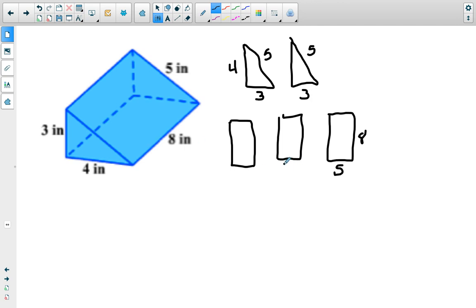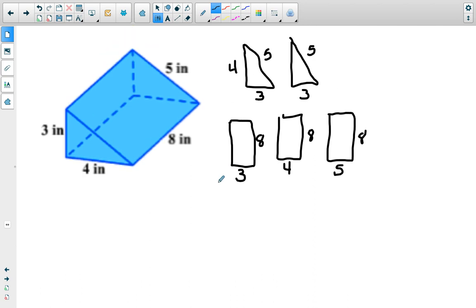So it is 4 inches by 8 inches. Then my back, this one is 3 inches, again by 8 inches. 3 by 8. And I have a total of 5 faces, my 2 bases and my 3 non-base faces.